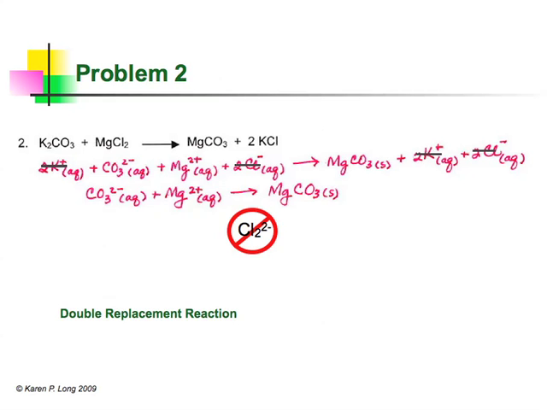So K plus and Cl minus make KCl. Just because there are two of them, two Ks and two Cls, doesn't mean the formula of the product is K2Cl2. You write the proper formula, KCl, and put a 2 in front to balance the equation, meaning there are two KCl's.